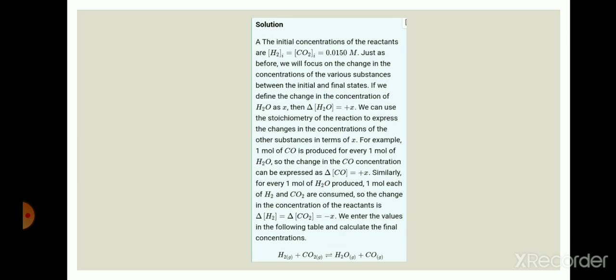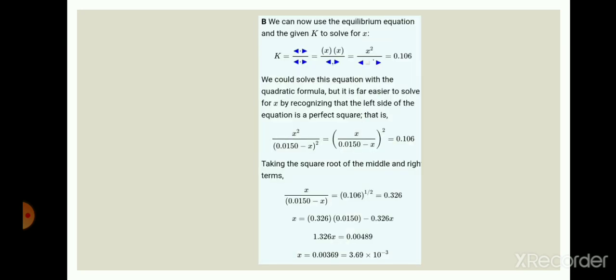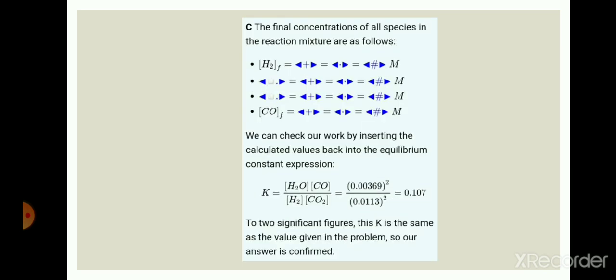The solution is here. You can check your work by inserting the calculated values back into the equilibrium constant expression. To two significant figures, this K is the same as the value given in the problem, so our answer is confirmed.